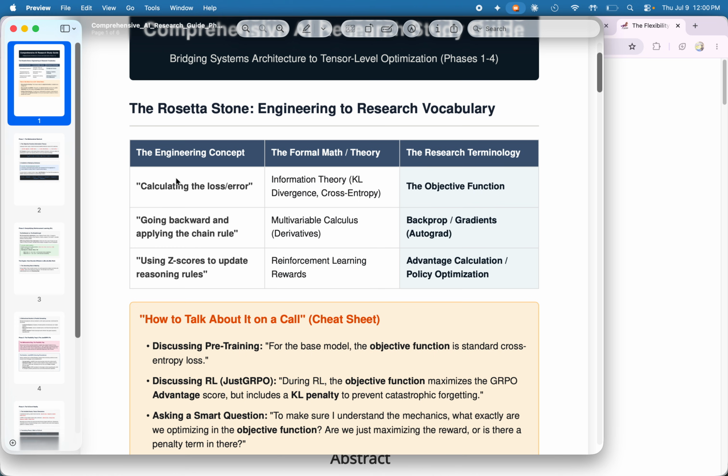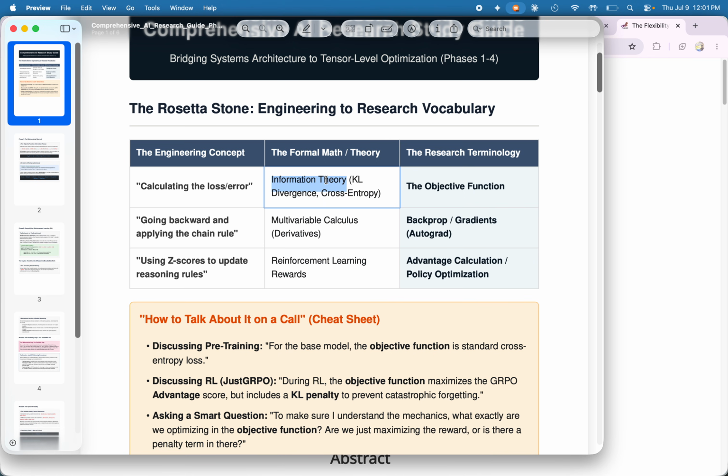Basically, LLM models or transformers are nothing but: we predict, then we calculate the loss, then we calculate gradients, and then we go back and update the weights, right? Calculating the loss or error is called information theory in formal mathematical or theoretical institutions.